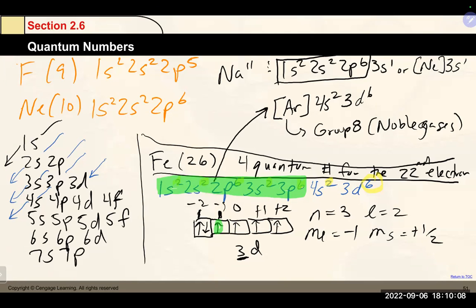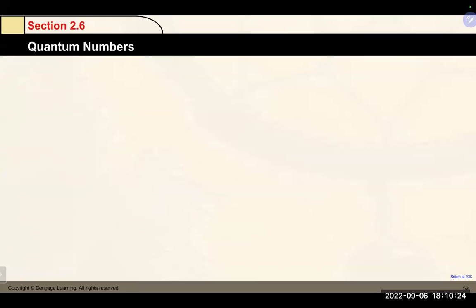Now, I was talking about earlier that there are several exceptions that occur in terms of normal electron configuration, that experimentally they've found are a little bit more stable in a different electron configuration. 2 main exceptions that most people usually talk about are our friend chromium, which is 24, and our friend copper, which is 29.